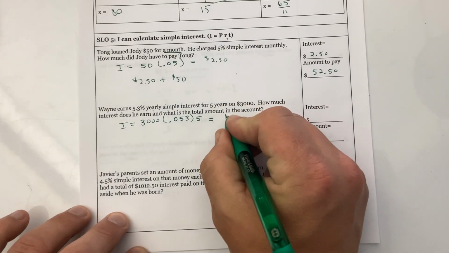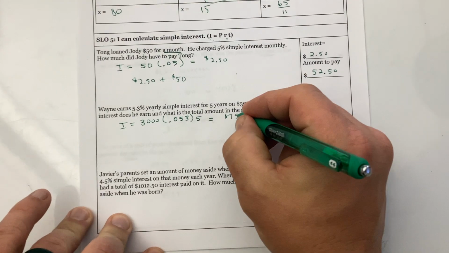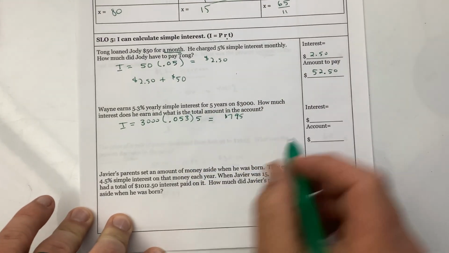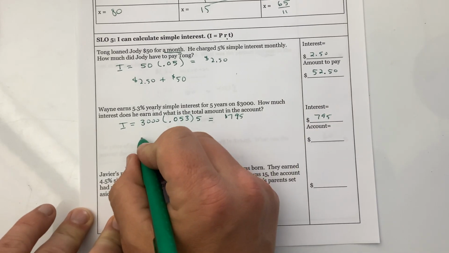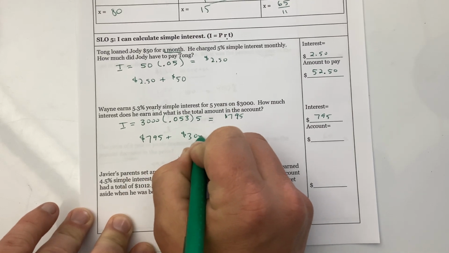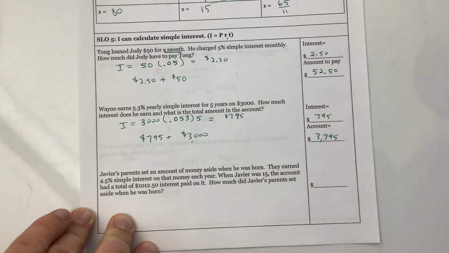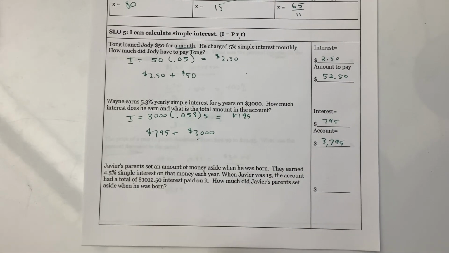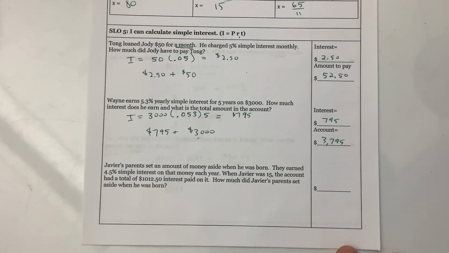So $795 is the amount of interest accumulated over 5 years. So the interest is $795. The total amount in the account is the $795 plus the original $3,000. So $3,795.